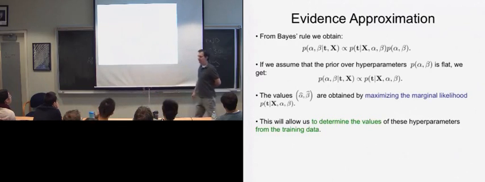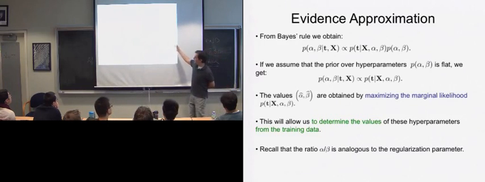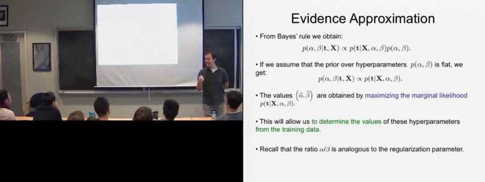That's something we can in principle do here. So that will allow us to get the values of these hyperparameters from the training data. And that's why people sometimes call it type 2 maximum likelihood, because you're doing maximum likelihood over the hyperparameters by integrating out your parameters. Sometimes it's called empirical Bayes, and the word empirical Bayes sounds a little bit funny.